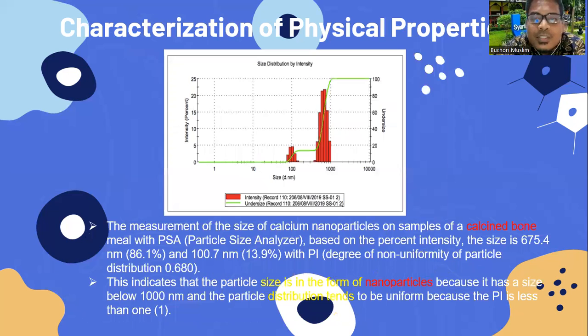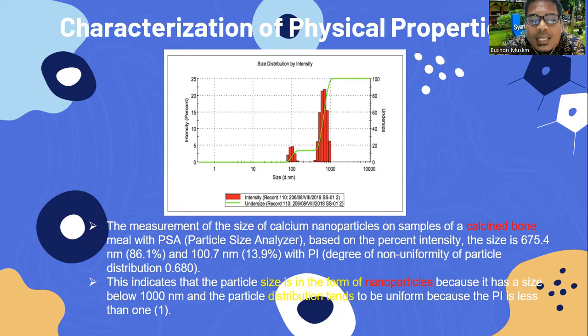And the next slide, characterization of physical properties. This is a picture of the measurement of the size of calcium nanoparticles on a sample of calcined bone meal. Based on the percent intensity, the size is 675.04 nanometers, 86.1%, and 100.7 nanometers, 13.9%, with PDI, the degree of non-uniformity of particle distribution, 0.680.